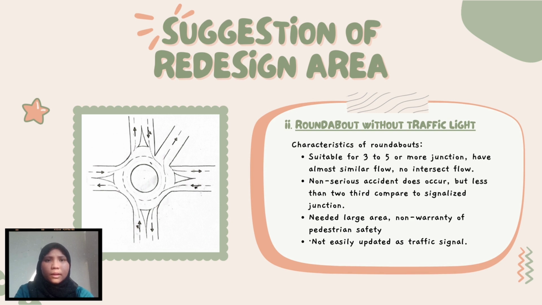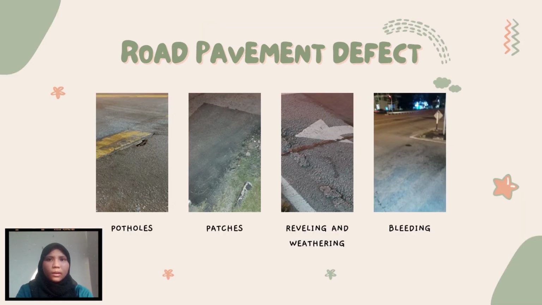The characteristics of roundabouts are that they are suitable for 3 to 5 or more junctions, have almost similar flow and no intersecting flow. However, non-serious accidents do occur but less than 2/3 compared to signalized intersections. Then roundabouts require a large area. In addition, it is also not easy to update as a traffic signal.